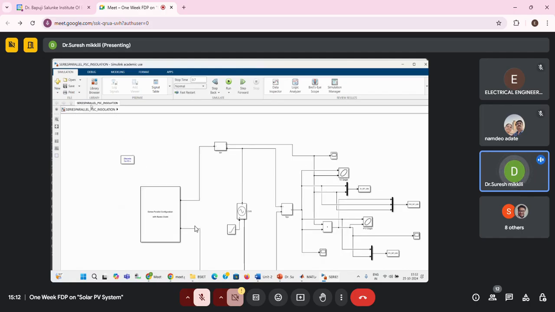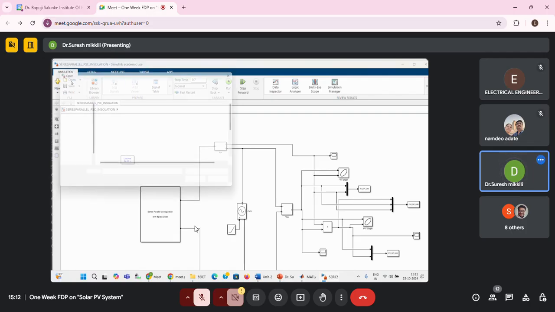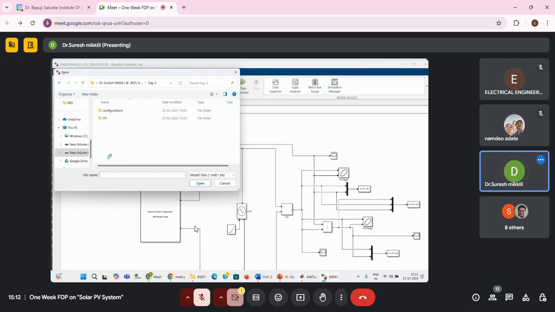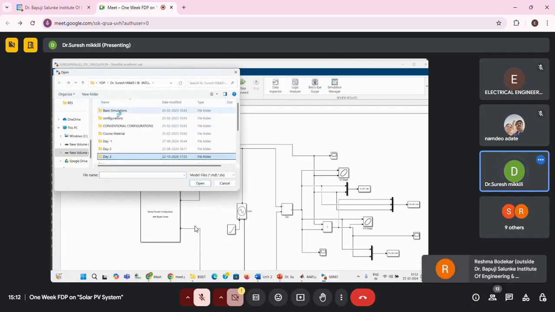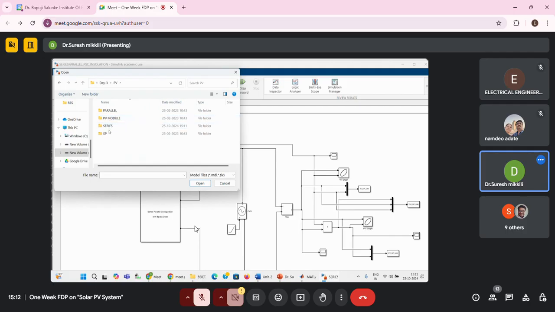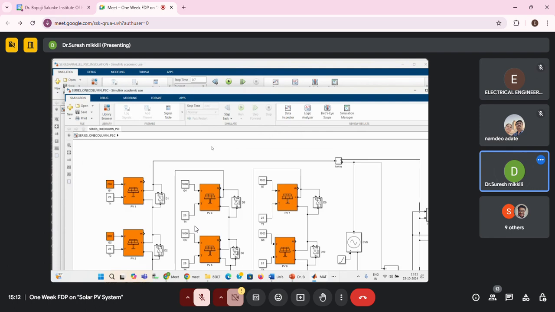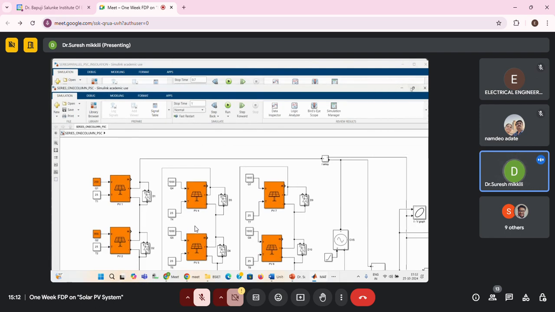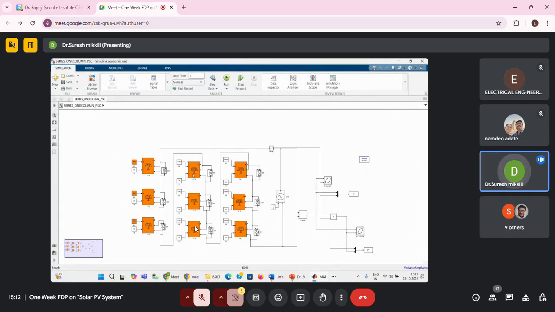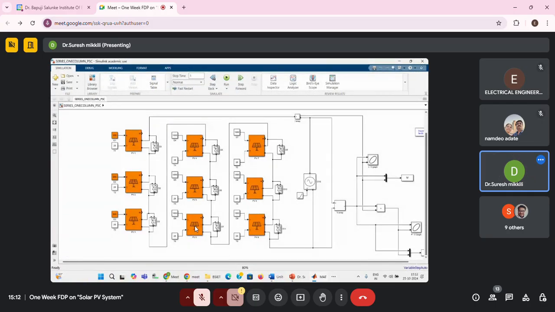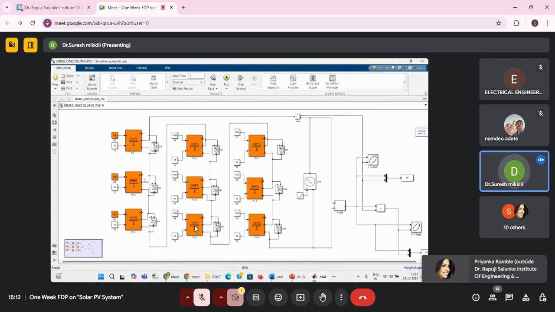Oh, this is series parallel. I'll consider series. Series column shading will take. Now this is the series configuration. I want to take column shading. First column is shaded. Can you observe?